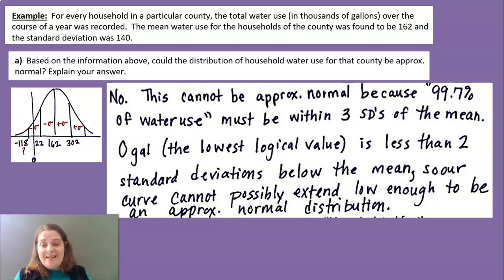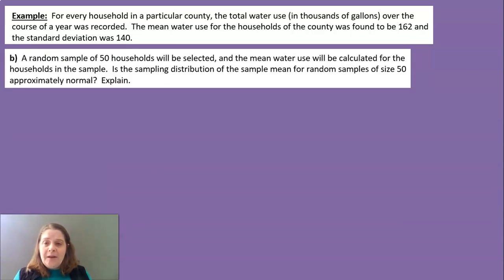If I had to take a guess, I would guess that this is skewed to the right. Okay, so a random sample of 50 households will be selected and the mean water use calculated for the households in the sample. Is the sampling distribution for the sample mean of random samples of size 50 approximately normal? So I know that the population is not normal, but could the sampling distribution be approximately normal?